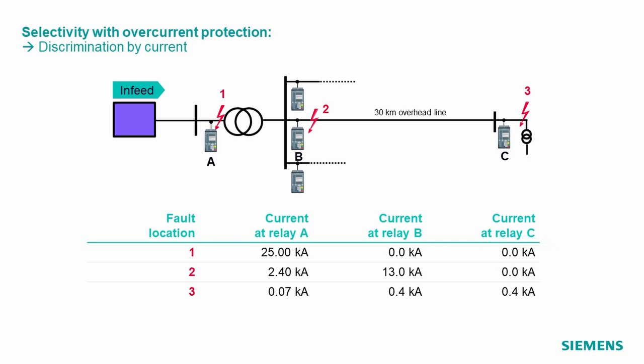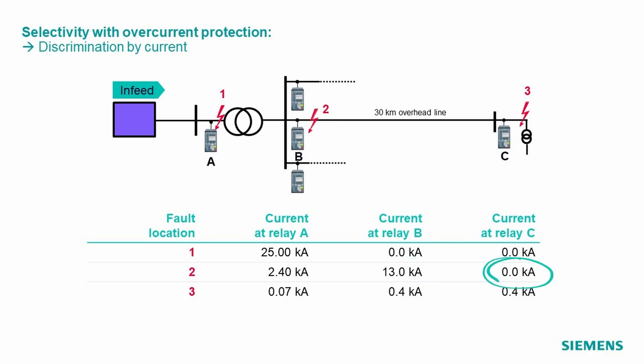If I have a fault at location number 2, then relay A will see only 2.4 kiloamp. Relay number 2, that is the distribution side, of course there we have higher currents because the voltage is lower, sees 13 kiloamps.